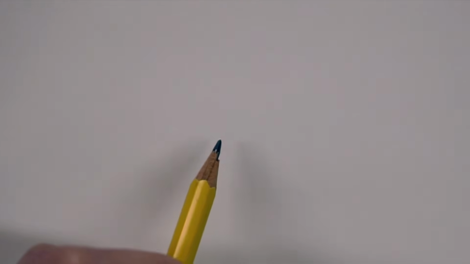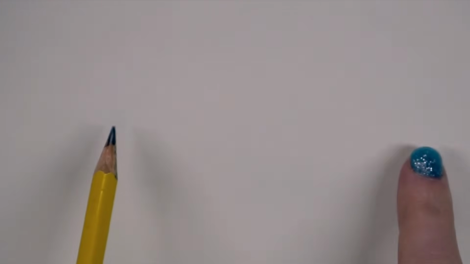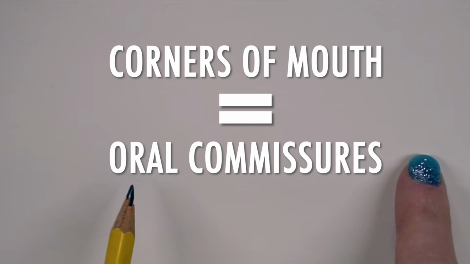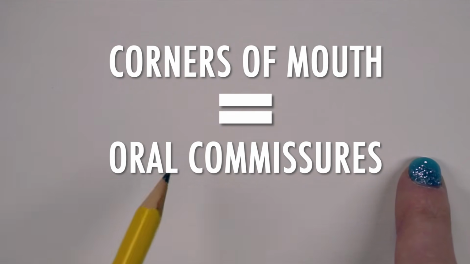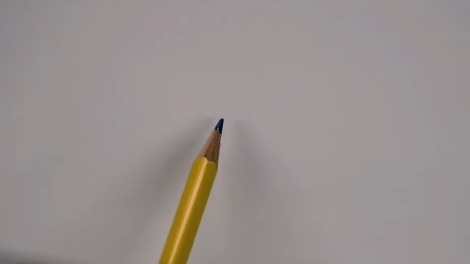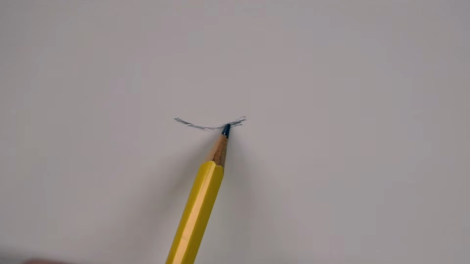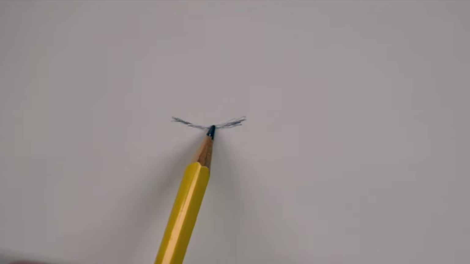So when we draw upturned lips, one of the key features is that the corners of the mouth, fun fact, they're called oral commissures, fancy terms, tend to turn upwards, so it's almost like you're in a constant smile. So again, I'm going to focus on starting with that center curve.